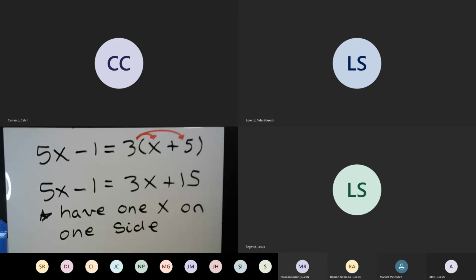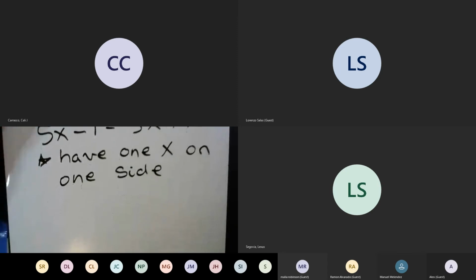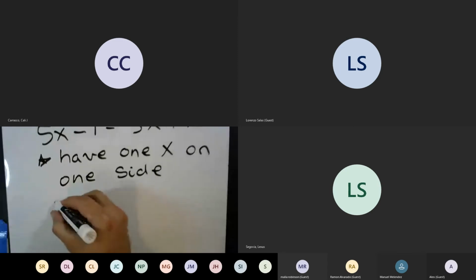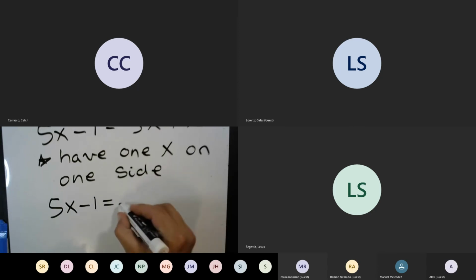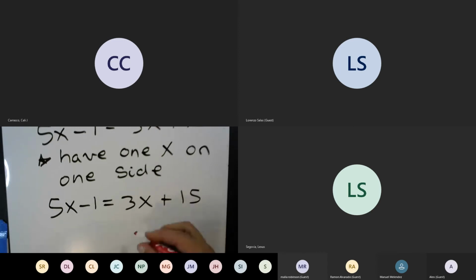We want 1x on one side. So the way we're going to do that is we're going to move one of those x's. And the way we do that, we subtract 3x from both sides.